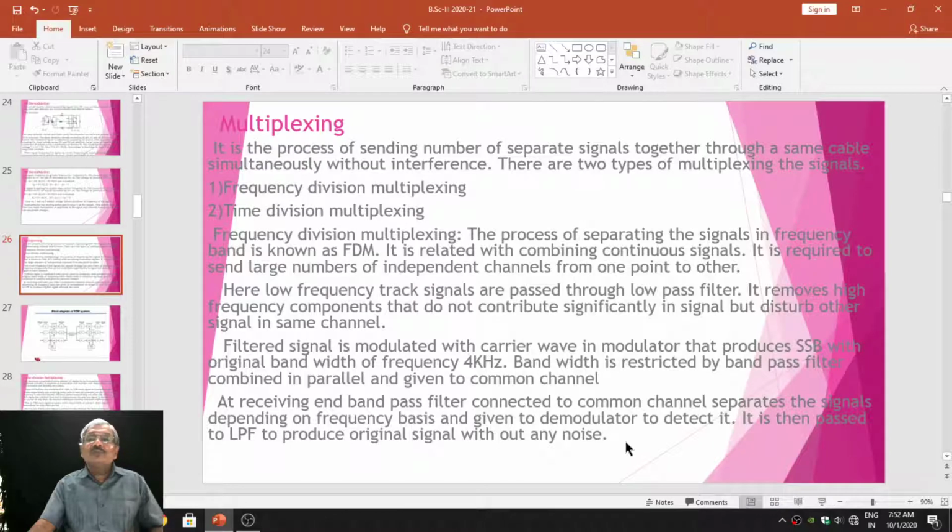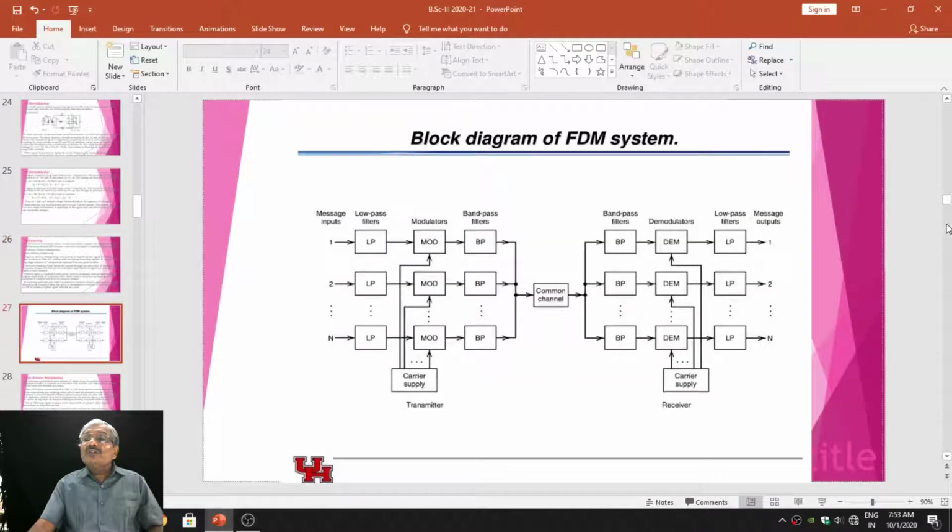This is how separate signals are transmitted through the same frequency band through the common channel, and that is the reason why this technique of transmitting signals through the same bandwidth, where almost all the channel frequencies are communicated and also received, we call frequency division multiplexing.